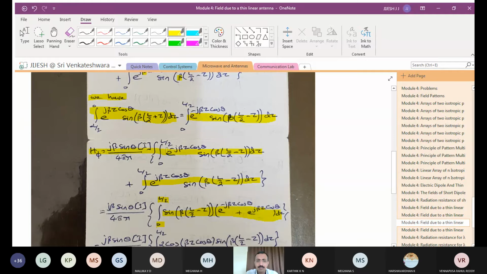Combining these, you get the limits 0 to L by 2, sine of this term multiplied by e to the power of minus j beta z cos theta plus e to the power of j beta z cos theta, dz. This is what you get.